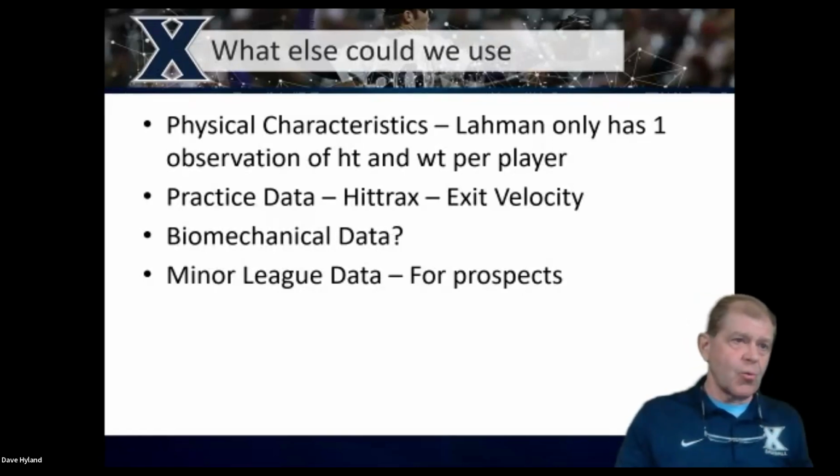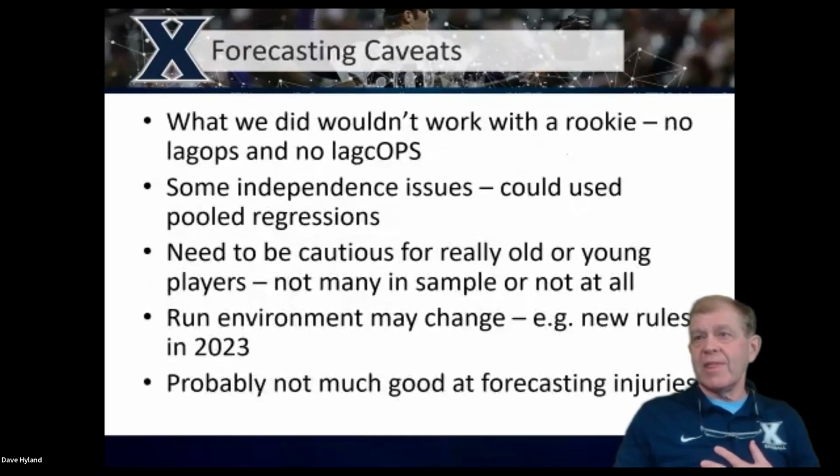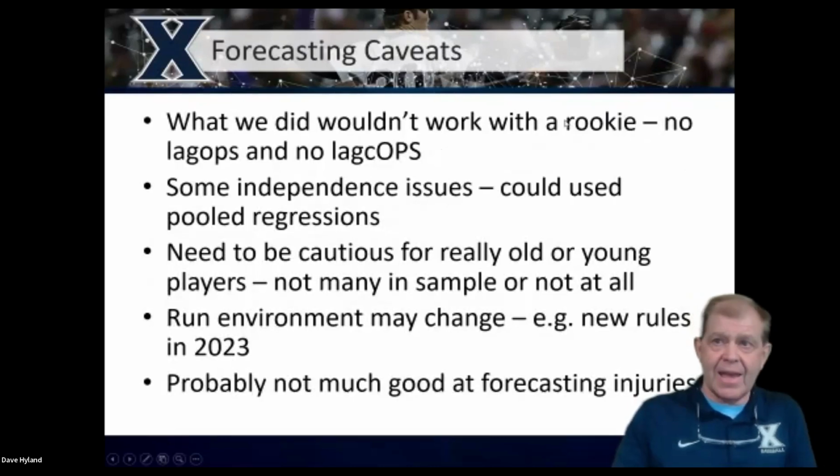The projections we've done are going to work better for players that have been around a long time, not as well for new players. Some of the things that we've done probably wouldn't work very well with a rookie. They don't have any lag OPS. They don't have a career OPS.